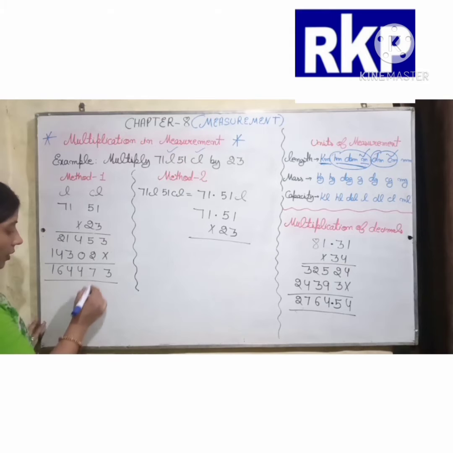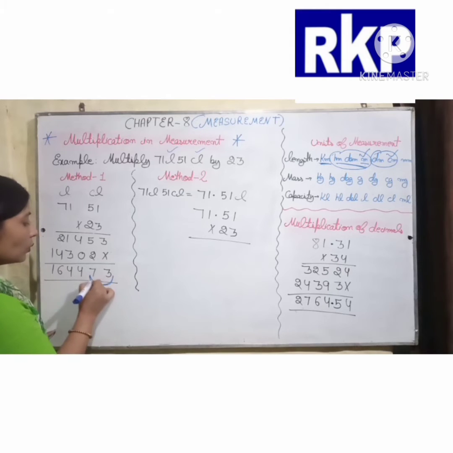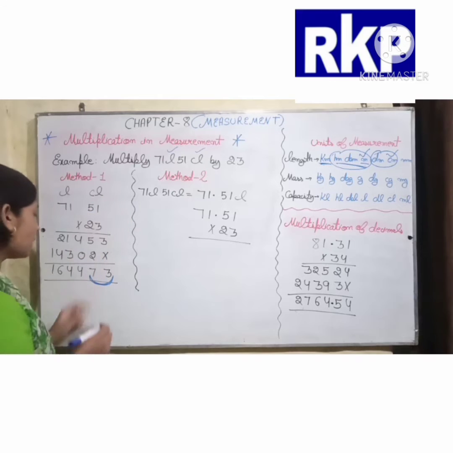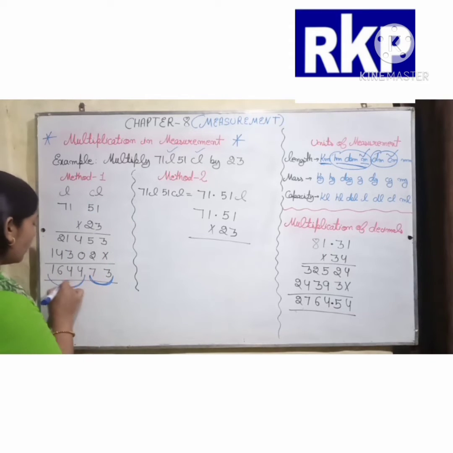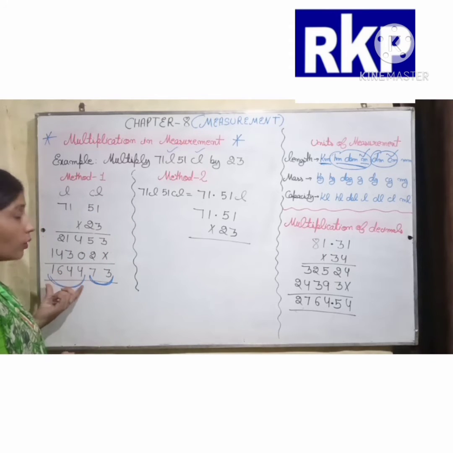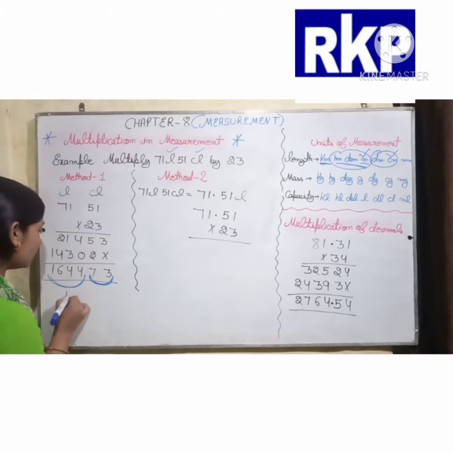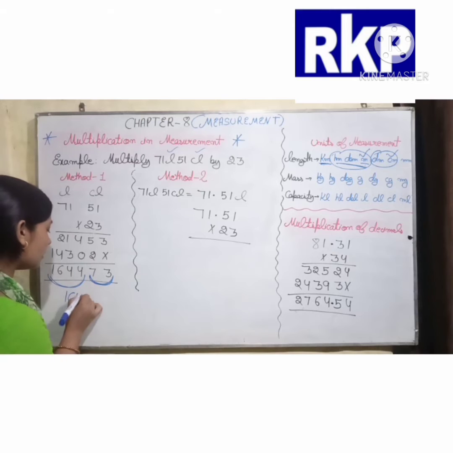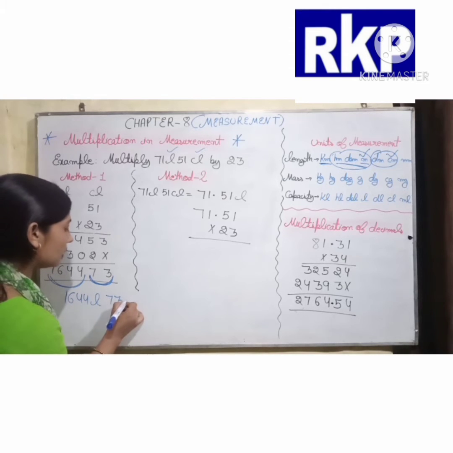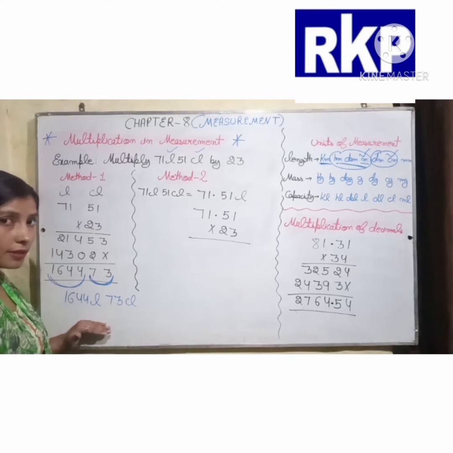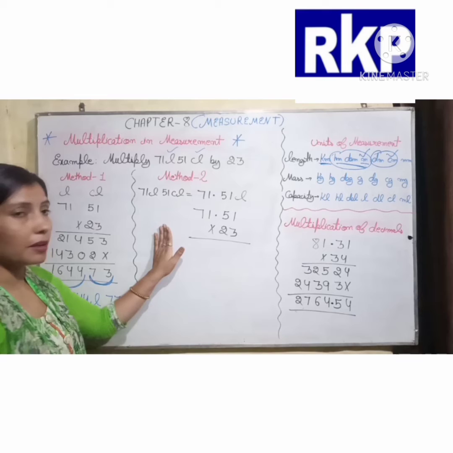See here, the last two digits are 73 centiliters and all the other digits are liters. So we write 1,644 liters and 73 centiliters. This is the answer. Now let us see the second method.